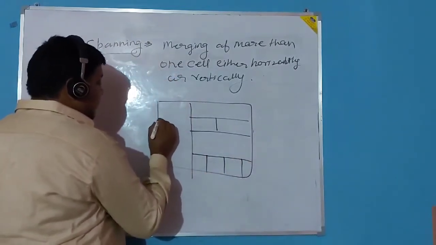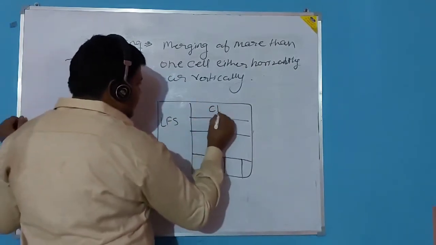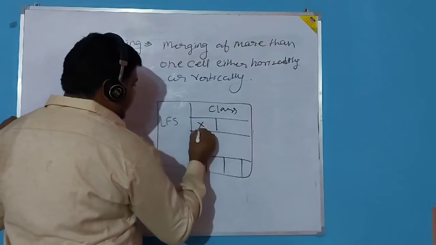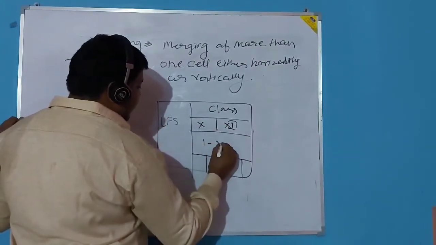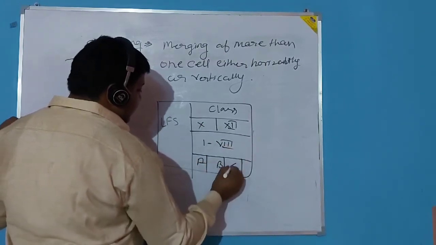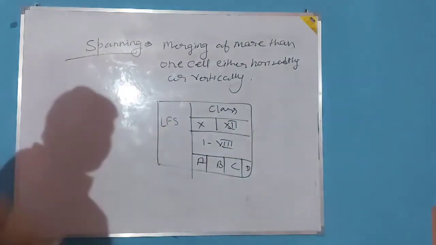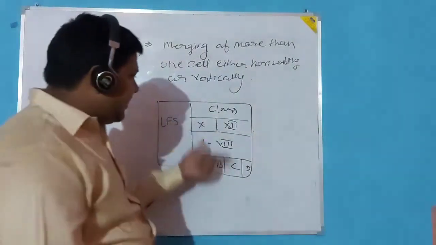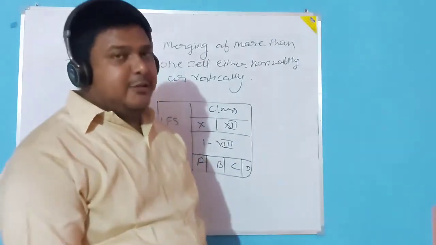Class, LFS classes: 10th, 12th, 1 to 8, section A, B, C, D. If you have to represent the table in this manner, what is that? This is known as merging.